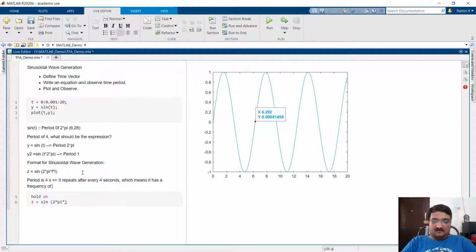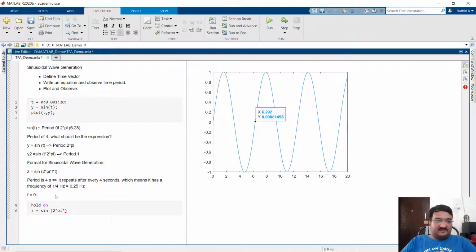of 1/4 hertz, which is nothing but 0.25 hertz. So your frequency, or how rapidly you want this sine wave to repeat, is 0.25 hertz.